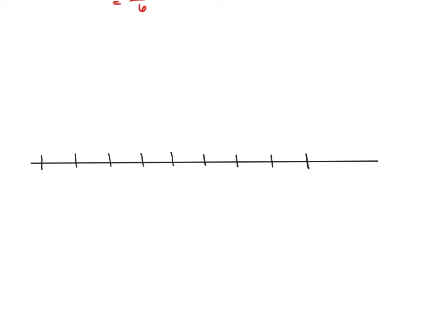Now let's work on ticking off our x-axis. So we start off with 0, and then we have pi over 6 is our increment, so I'll add pi over 6. There's the end of our first period and the beginning of our next period.